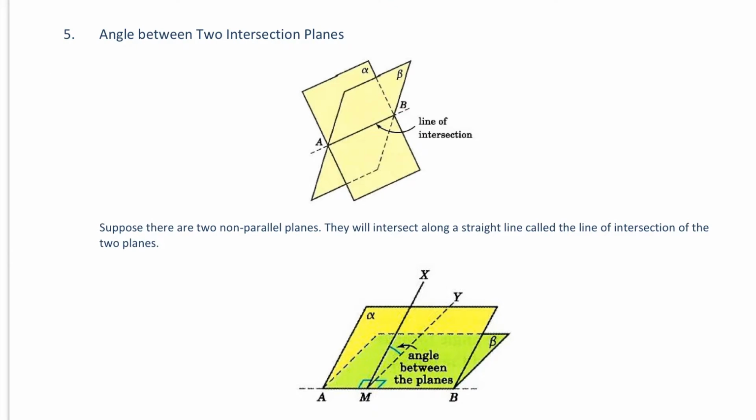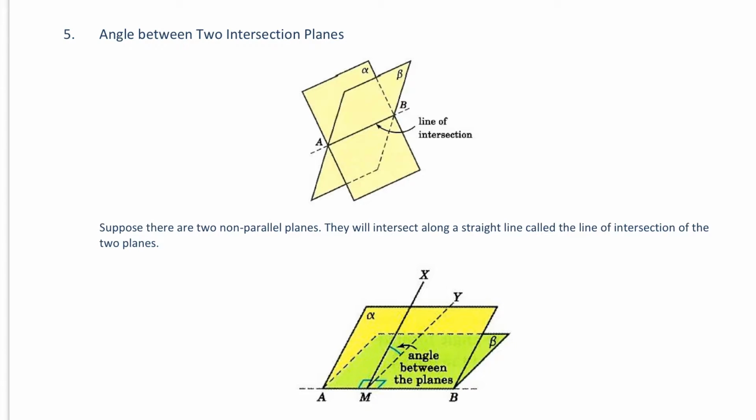How about the angle between two planes? Suppose we have two planes, they will have a line of intersection. So first of all, you need to find the line of intersection, and you need to find two straight lines.